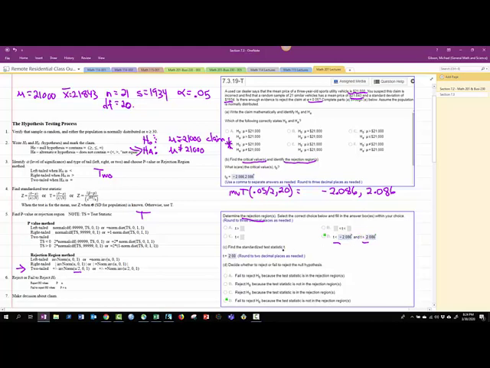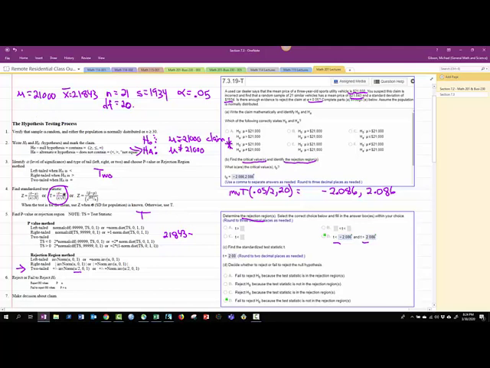Next, I got to find the test statistic. All right. It's really the same formula. When we're doing a hypothesis test or a claim about the mean, it's always the same formula, right? So we'll do x bar, which is 21,843, minus the claim, right?